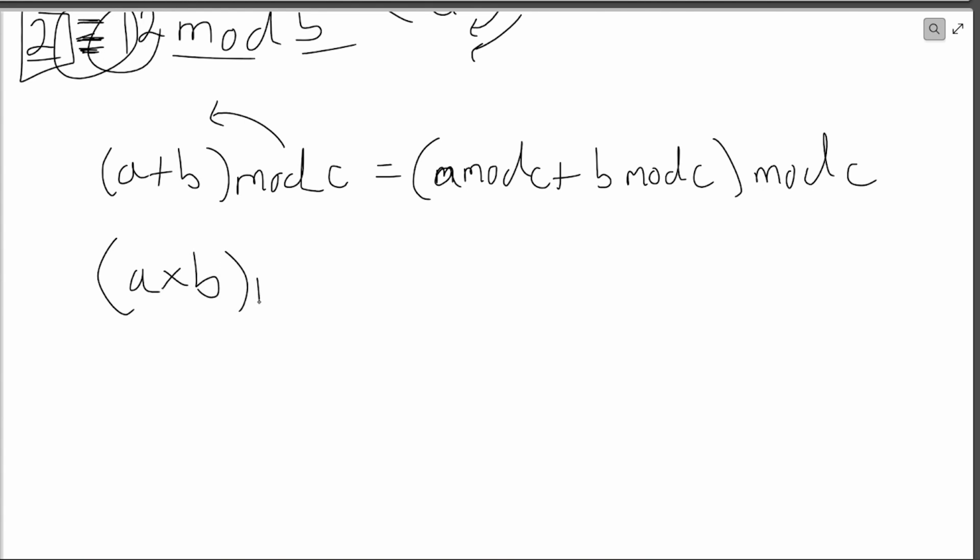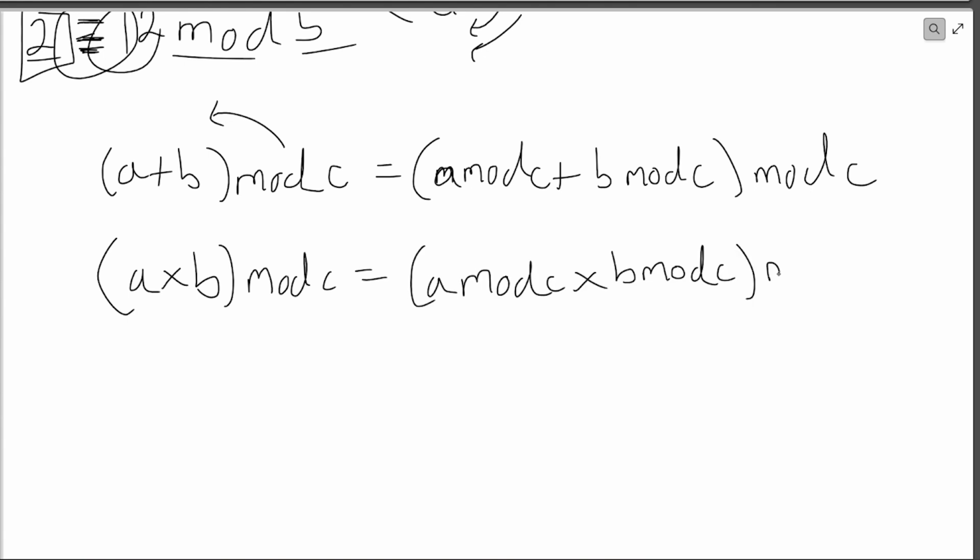So if you have A into B mod C, you can similarly have A mod C into B mod C, whole mod C.